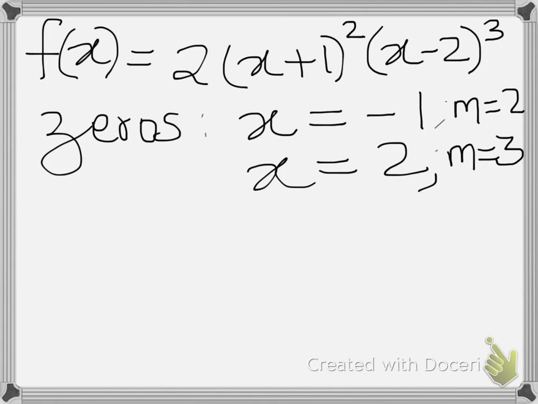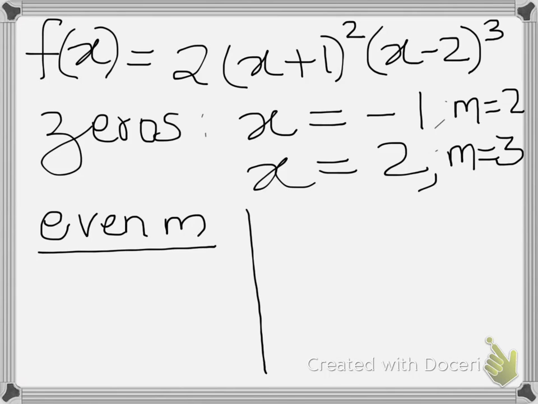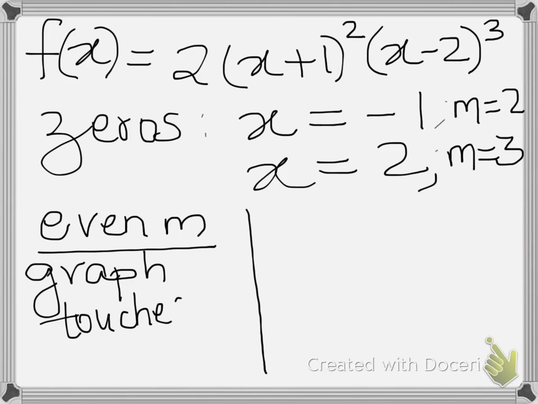So what this helps us to do is, when we think about the graph of the function, if we have an even multiplicity, then the graph is going to touch at that zero. So here x equal to negative 1 is an even multiplicity. So the graph is going to touch. When you draw the graph of this function, the graph touches at x equal to negative 1.